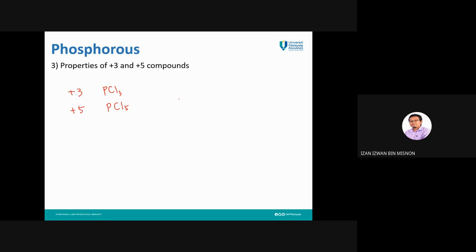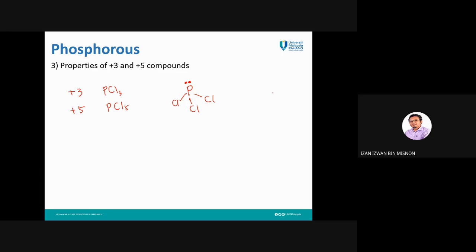So the structure of PCl3 will be P with 3 chlorine atoms, and there will be an excess of 2 lone pair electrons.